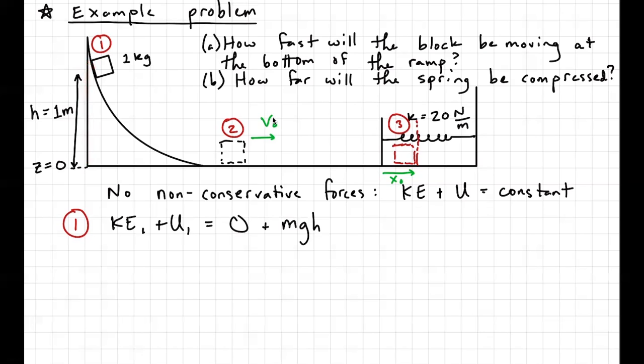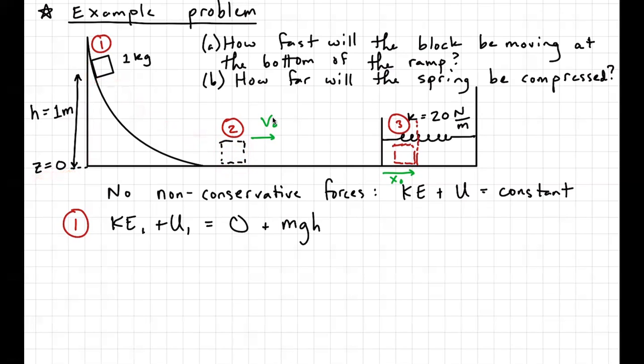If the block goes all the way down the ramp to the bottom, the potential energy down here will be 0, making the change in potential energy from 1 to 2 negative mgh, as we would expect. We could define this 0 point to be anywhere we want. I've defined it to be the bottom of the ramp for convenience.